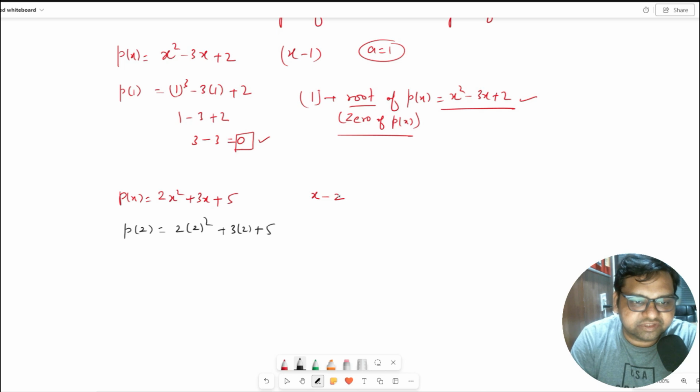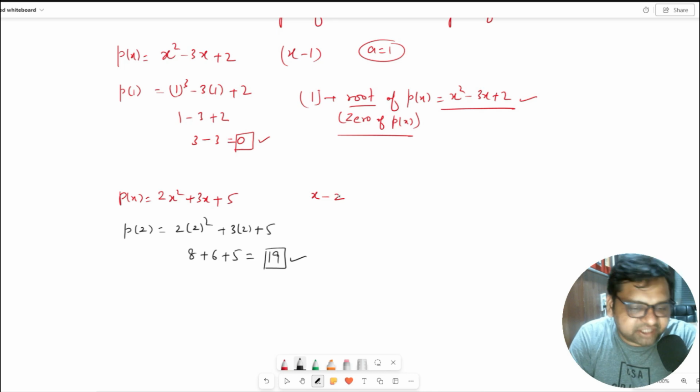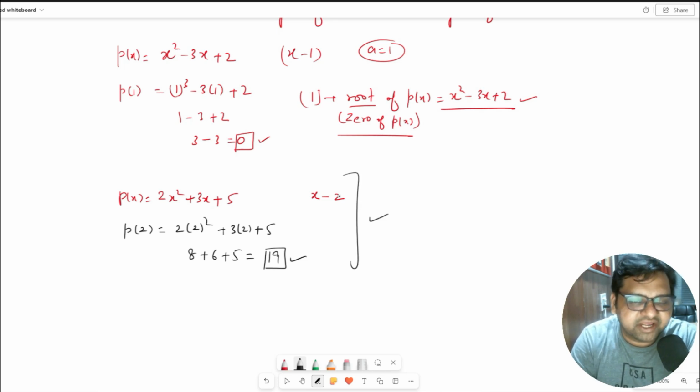Okay, so that will be like 8 plus 6 plus 5. So that will be like 14 plus 5, 19. So 19 is the remainder. Okay, so that depends, like I already said, on what input you are providing. So 2 is the input here and 19 is the output. So this is how polynomial works.